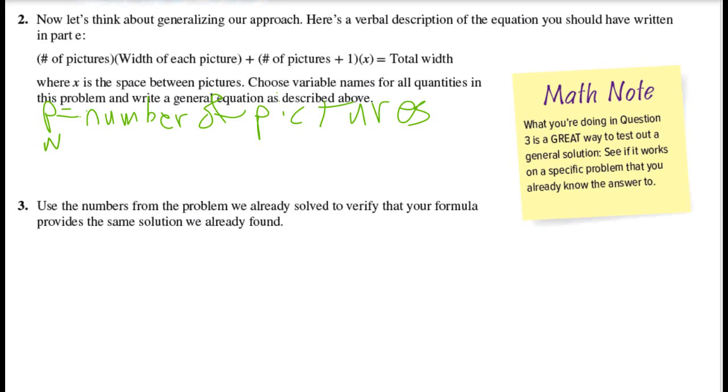W equals width of each picture. It's fine if you use different variables, there's no problem there. And T equals total width.